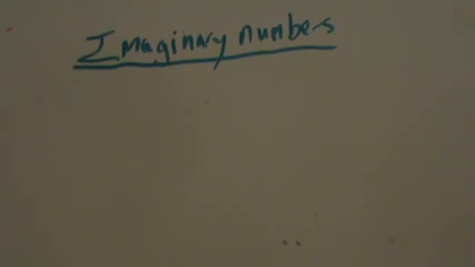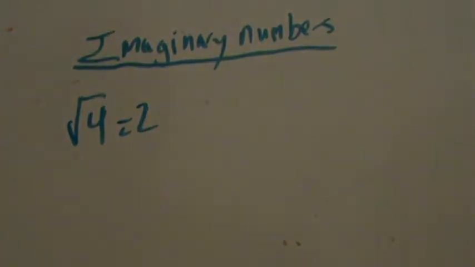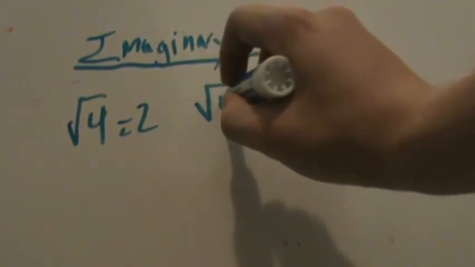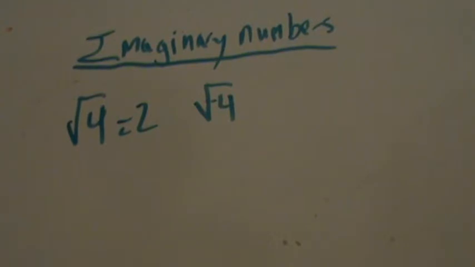So let's say you have something like the square root of 4. And we know this is equal to 2. So what would happen if we have the square root of -4? What would happen then?